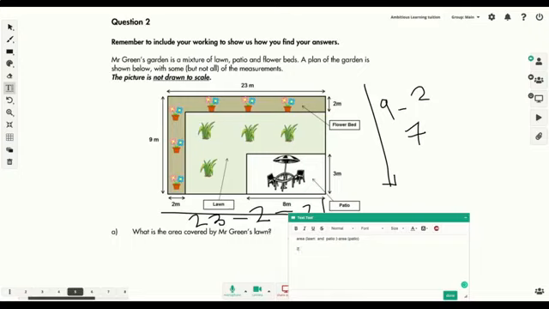So in this one, we know it's 21. Multiply by 7 minus 8 multiply by 3. That gives me 147 minus 24. That equals 123 meters.